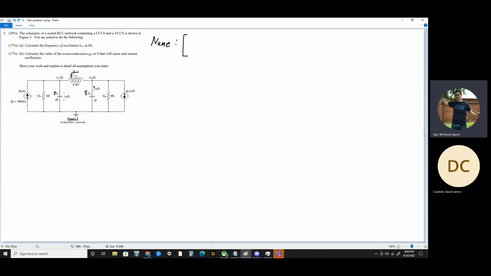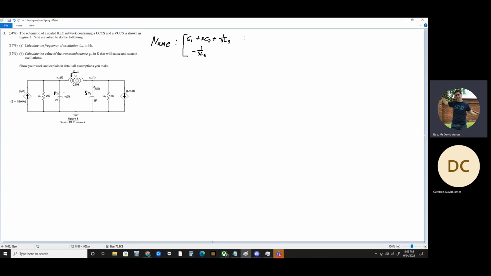Okay, so with this, we see our three components going into Vn1. So that's just going to be G1 plus sC2 plus 1 over sL3. Now we do what's shared between Vn1 and Vn2, and that's the inductor, so that's going to be negative 1 over sL3.